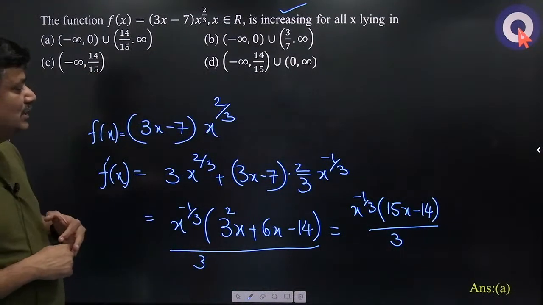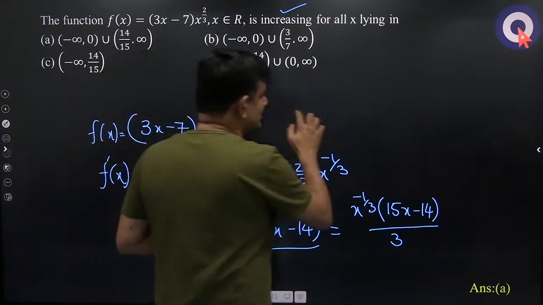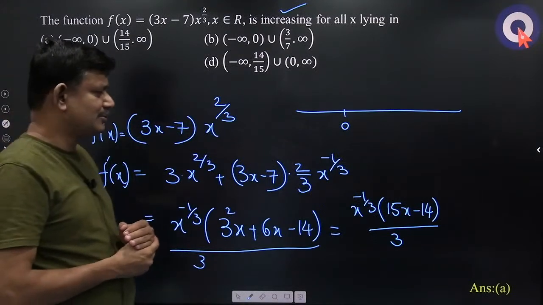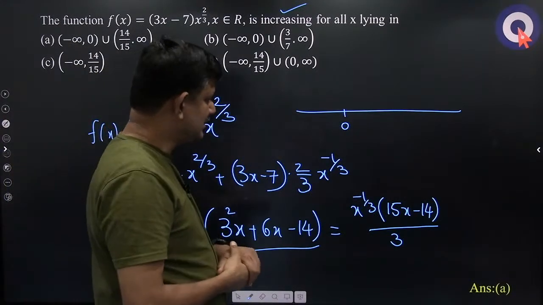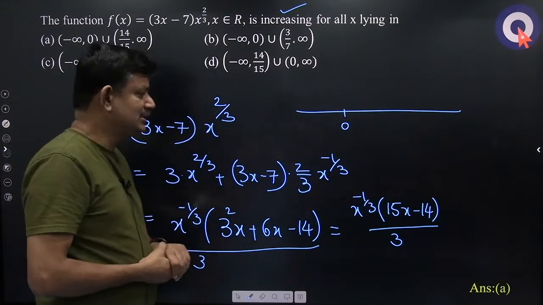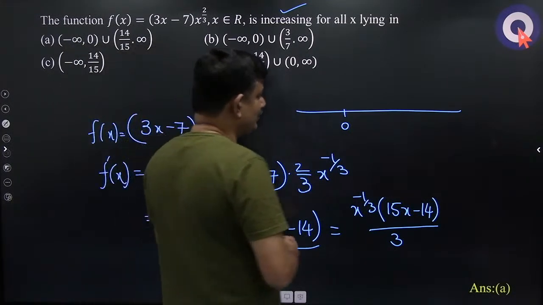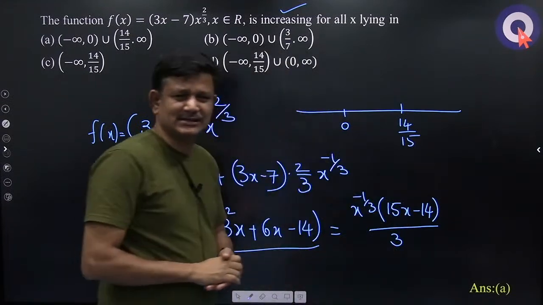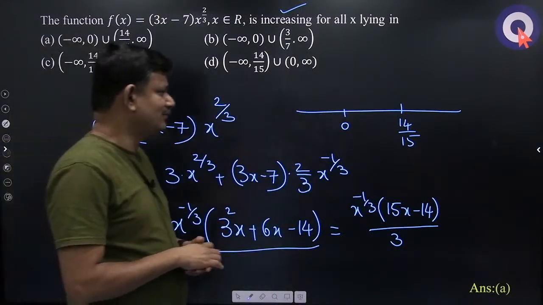Okay, so x power minus 1 by 3 varies its sign according as x is positive or negative. If x is positive, x power minus 1 by 3 is positive. If x is negative, x power minus 1 by 3 is negative. 15x minus 14 will vary its sign depending on whether x is greater than 14 by 15 or less than 14 by 15.